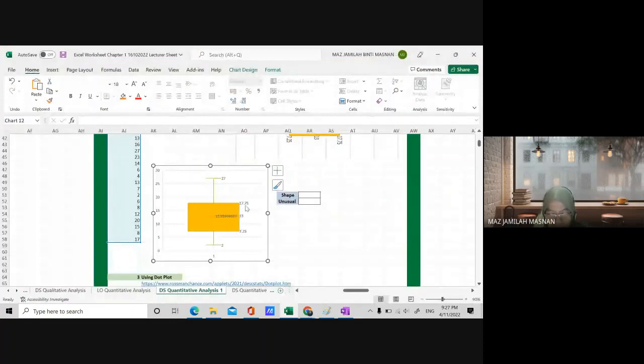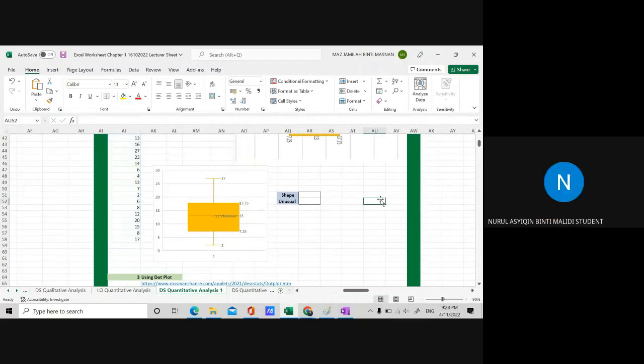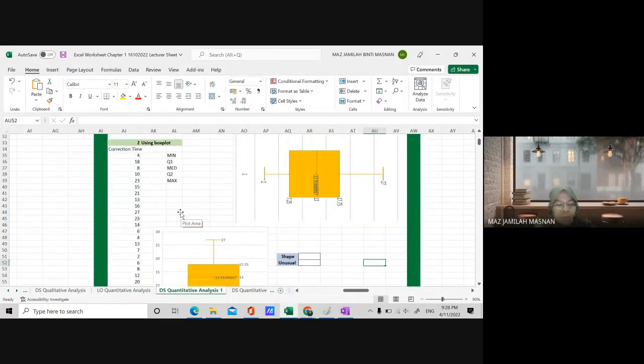Have I shown you how to generate box plot? Not yet. Okay. Now, remember, box plot is for quantitative data. Histogram can be for quantitative and qualitative. If it is a histogram of qualitative data, that will reflect the categories.